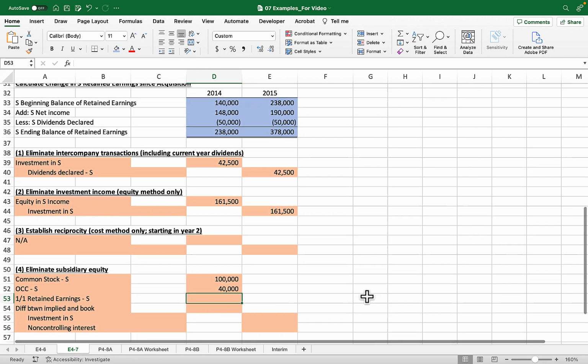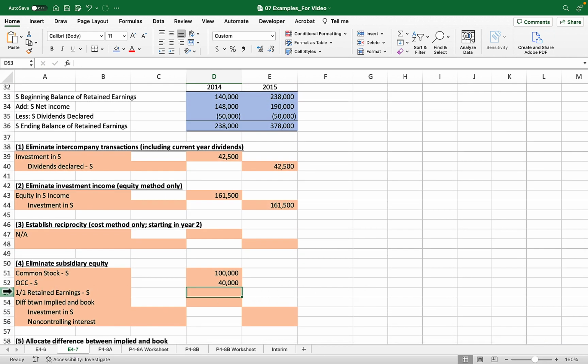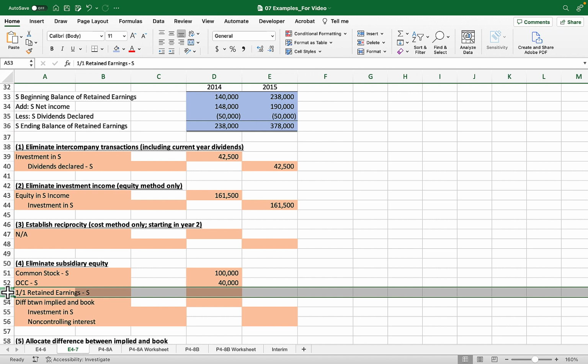That will stay $40,000. Now, 1/1 retained earnings, again, I mentioned in the last video, this is going to change. It has to change unless our subsidiary breaks even exactly every year and never pays out any dividends, which is unlikely, right? They're probably going to at least make $1 or lose $1. So we're going to have to deal with that in a minute.